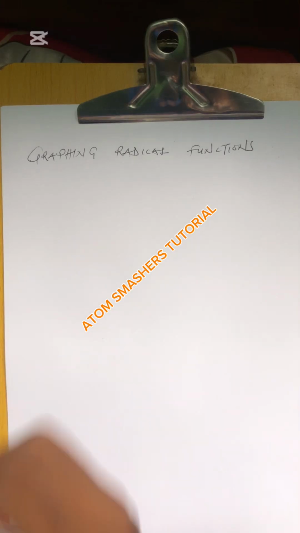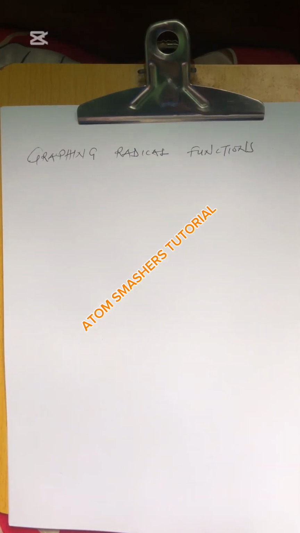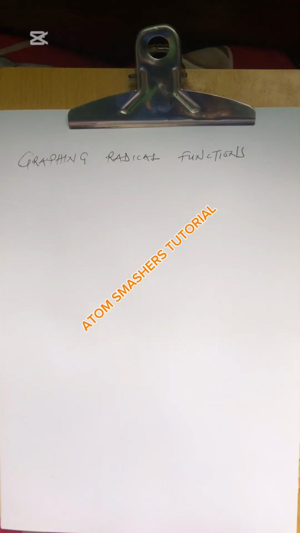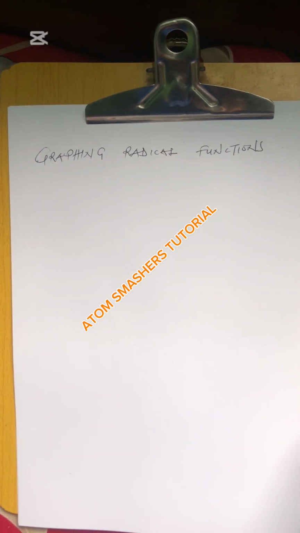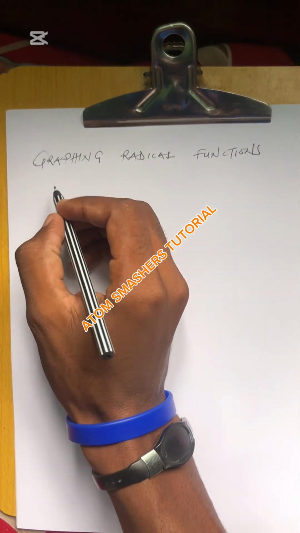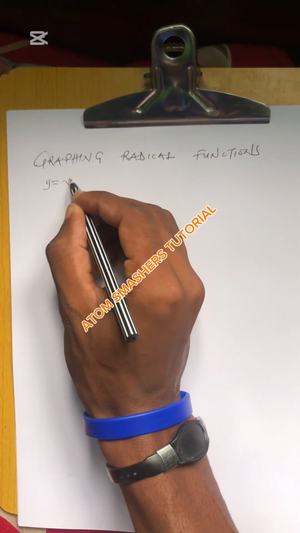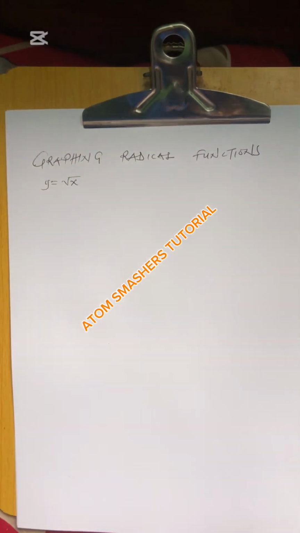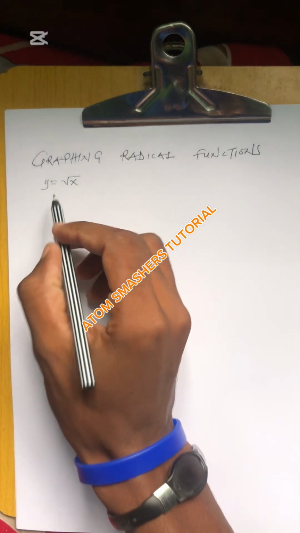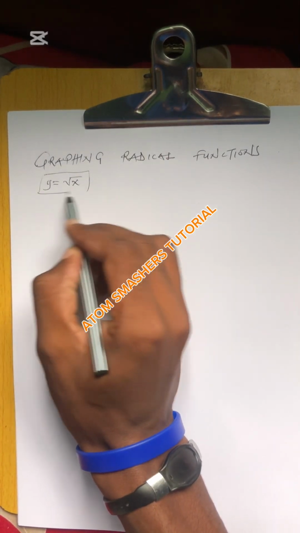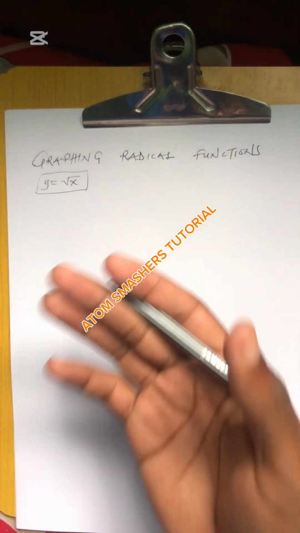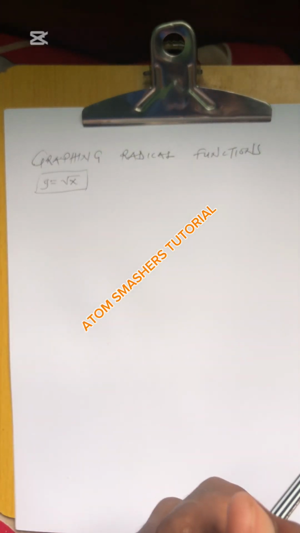So we have a general graph for radical functions. Say y is equal to the root of x. This is the general radical function.